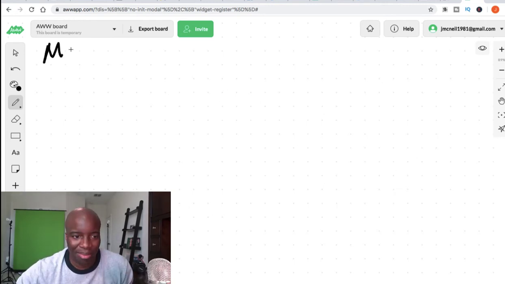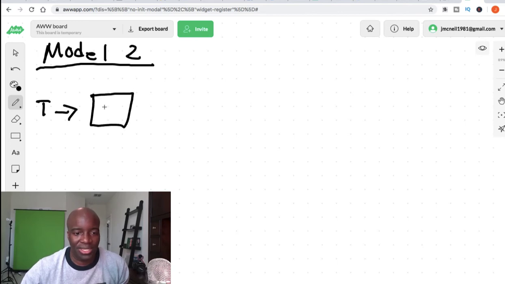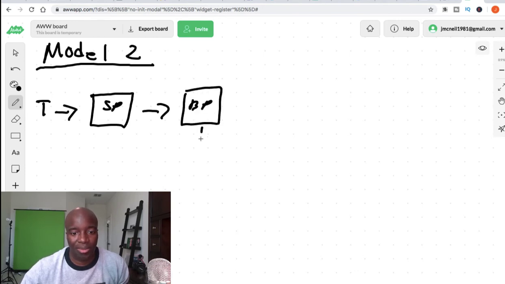All right, so let's look at model two. Model two is basically similar to model one, but the difference is you're going to be selling higher ticket products. So let's just start off with traffic. And then let's say you have a squeeze page here, SP for squeeze page. And then you're going to go to maybe a bridge page, or this could also double as a training hub or something like that.